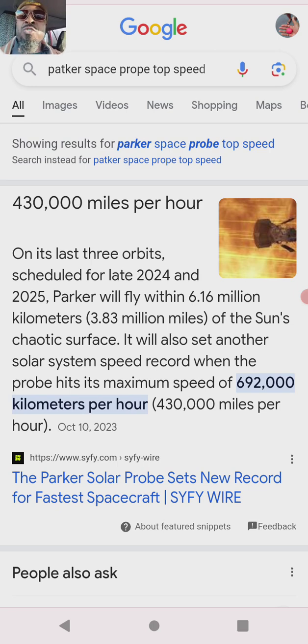Somehow 430,000 miles an hour can keep up with 515,000 miles an hour. Somehow 66,000 miles an hour can manage to keep up with 515,000 miles an hour. Somehow 17,500 miles an hour can keep up with 66,000 miles an hour, as well as 515,000.